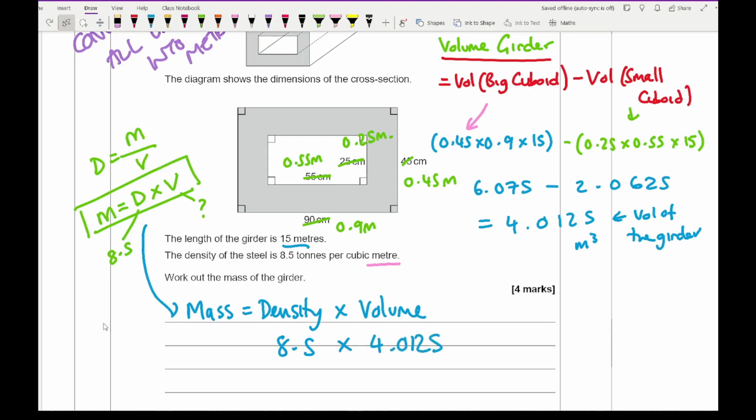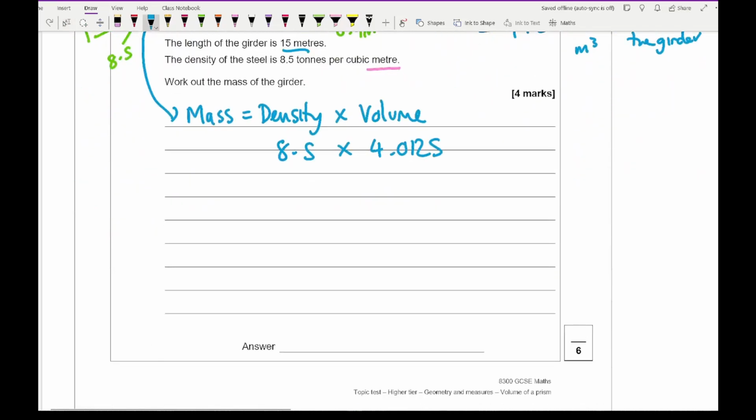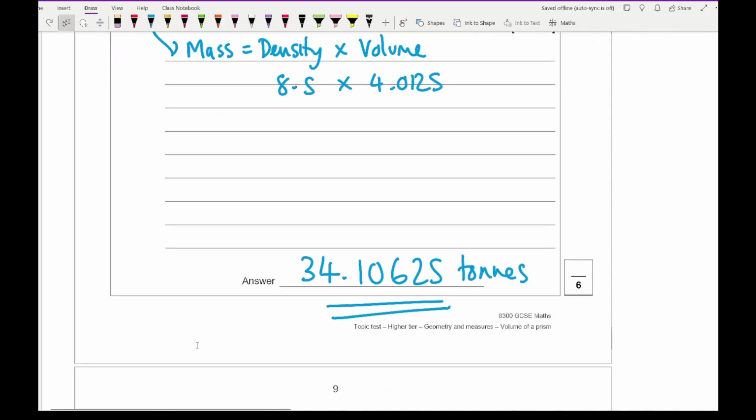And if I type that into my calculator, I'm going to get a mass value of 34.10625, and that's going to be in tons. Now you could round that up to 34.1 tons, and that's to 1 decimal place, but it's entirely up to you what you want to round it up to.